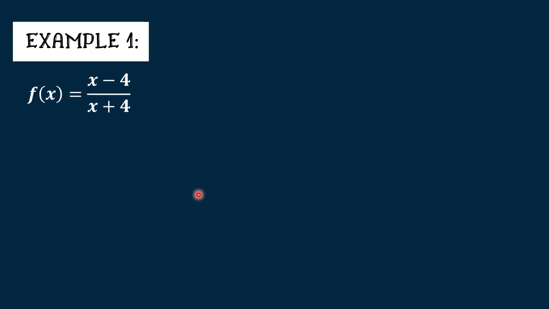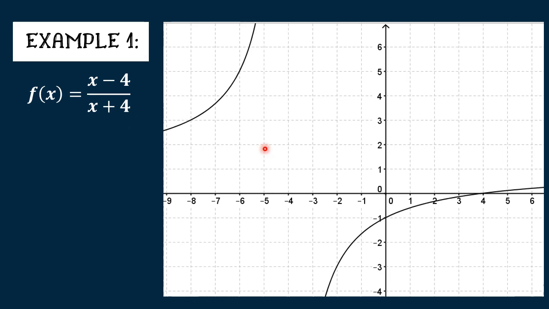So let us begin with example number 1. We have here a function f of x which is equal to x minus 4 divided by x plus 4. If you try to graph this function, it will look like this.